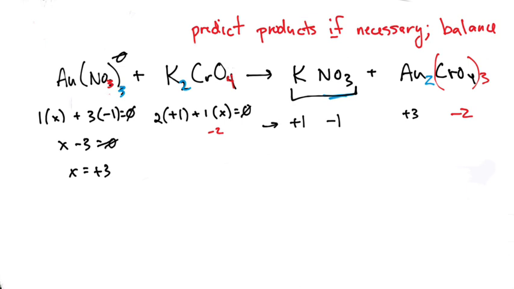Are there any extra things I need to worry about that, full disclosure, I don't have enough stuff memorized to actually be able to answer appropriately, but we'll stumble through it together? Is there anything else I need to worry about when predicting products of a double replacement reaction? Yes. Their state, solid, liquid, gas. Their physical state.